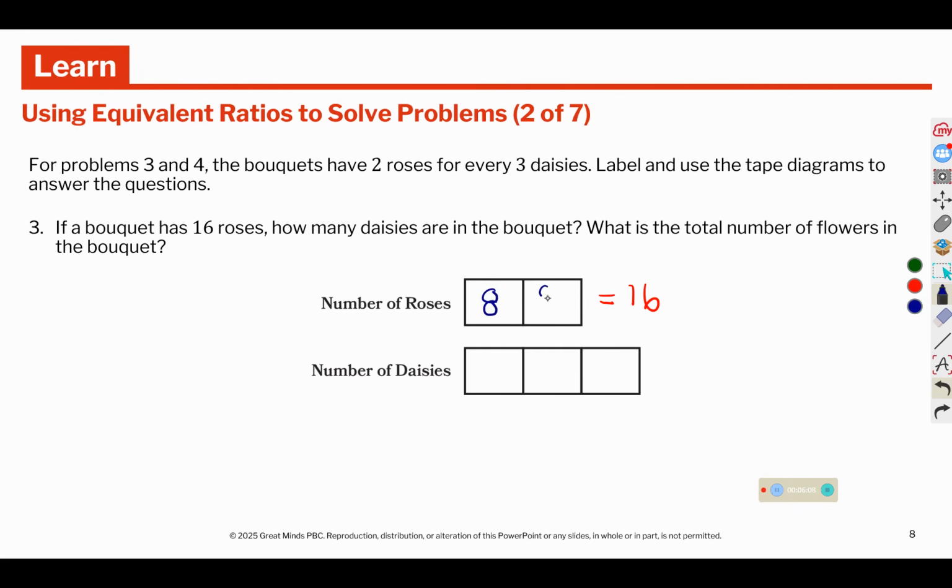Well, 16 split into 2 boxes is 8. Remember, to create equivalent ratios, every box has to be filled in with the same number. That would tell us that the number of daisies is 8, 16, 24.